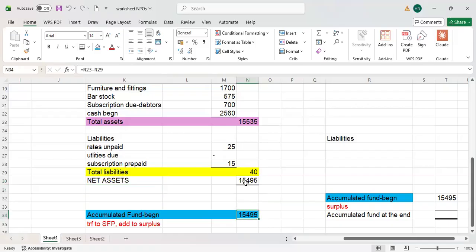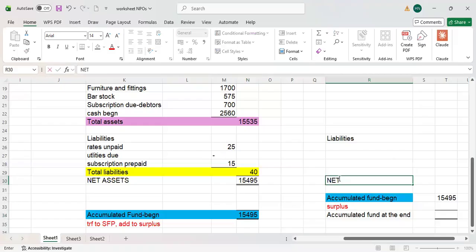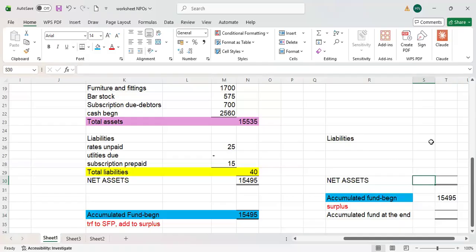So these two should be the same. Okay, and you can do that also here. You make sure that whatever you get, your net assets are the same as your accumulated fund. So you need to find all your liabilities, make sure they're all there. You do your assets as well.